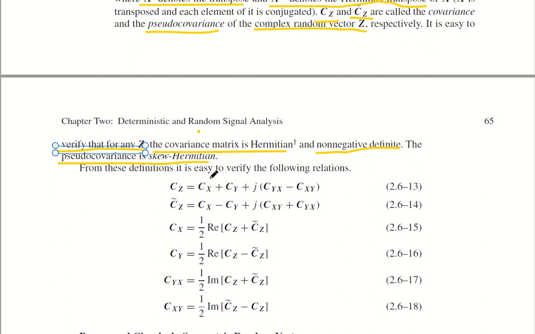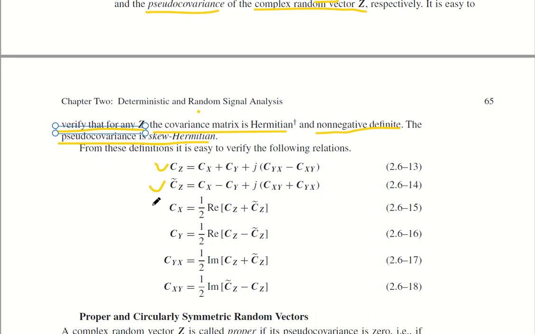From these definitions, it's easy to verify the following relations. Cz equals Cx plus Cy plus j times the cross terms, and C tilde z equals this other expression. Cx is the real part of Cz plus C tilde z, times one half. Cy is the real part of Cz minus C tilde z, times one half.